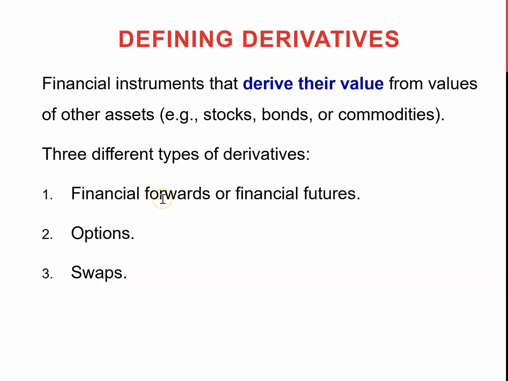What is a forward or future? A forward contract is a contract that a company signs, and they can purchase a stock in the future at a specific price.